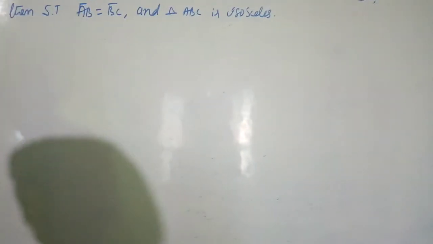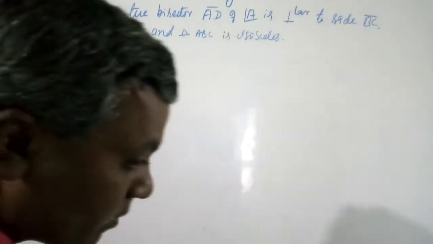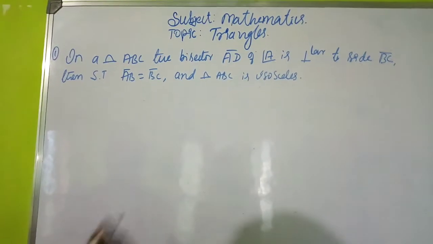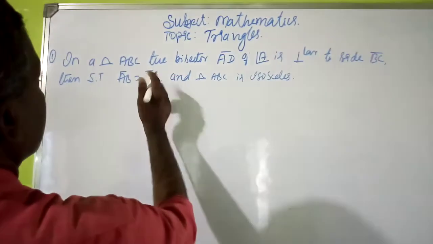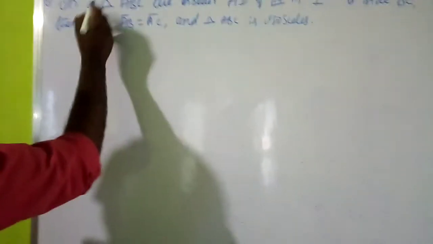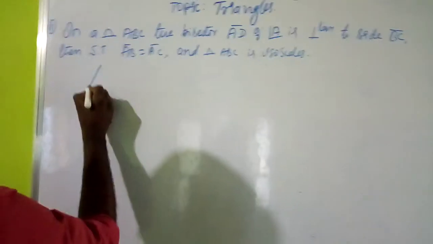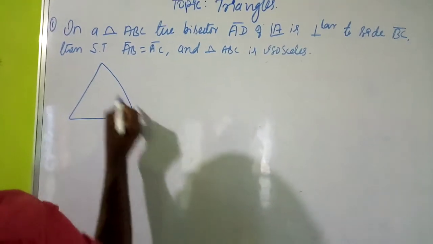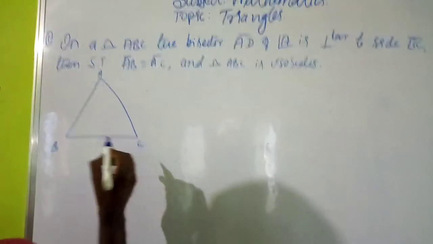Okay, students. So this is the problem. All right, this is not BC, this is AC. So for this, we can draw a diagram here. This is triangle ABC.